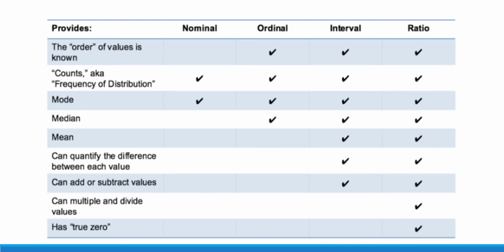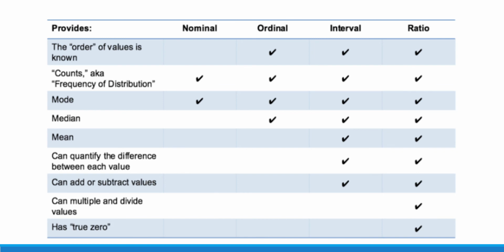By frequency of distribution, we mean counting, to know the number of each category inside the data, and for this we can calculate the mode. For ordinal data, we can order the values. Of course, also we can count our data, the frequency of distribution. We can calculate the mode and the median.